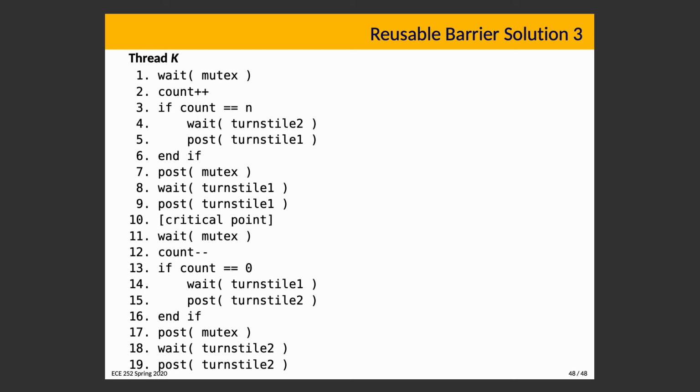And then we can proceed because we've unblocked the next thread, which unblocks a thread after it using the post statement. And so all of them proceed through the rendezvous. And they proceed through the critical point, and then gather up here in the lower part, in the second waiting area, before they are allowed to leave by whoever gets there last.